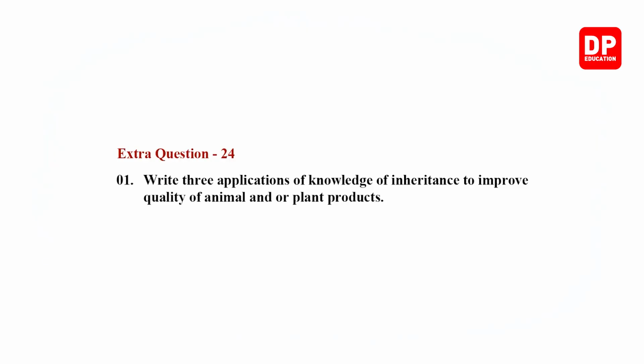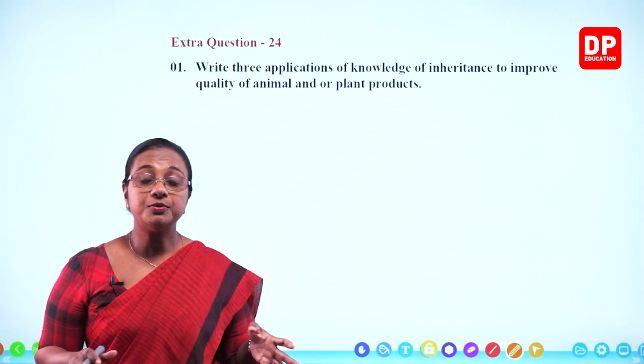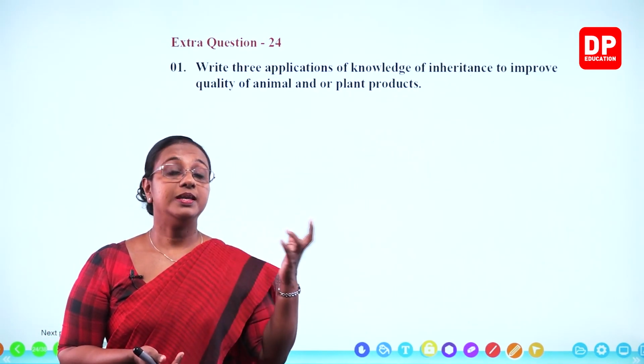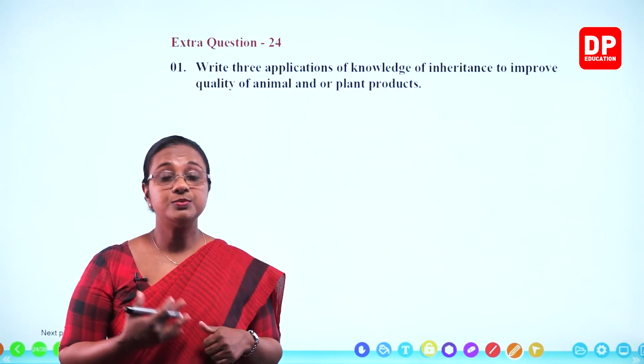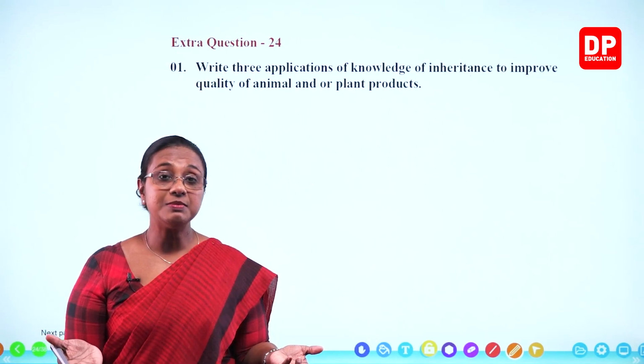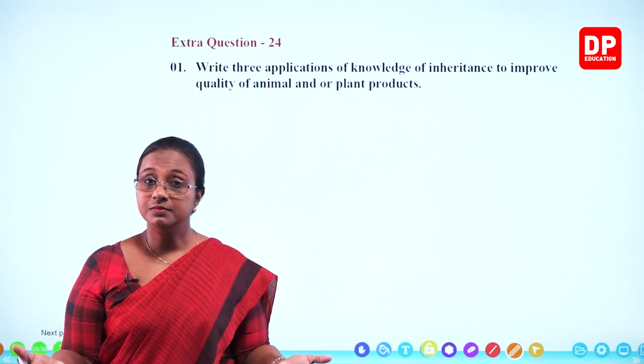Extra question 24. Write 3 applications of knowledge of inheritance to improve quality of animal or plant products. So, you all know naturally there are plants and animals that are useful to man. We get milk from cows, we get eggs from hens, then we use the meat of animals like chicken, mutton.